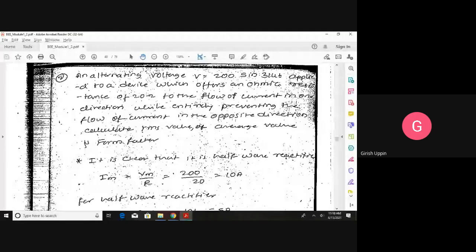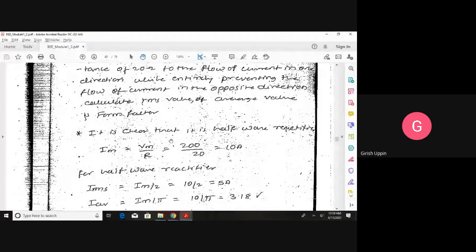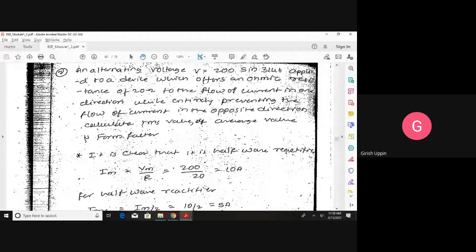First we will calculate the current. V is equal to IR, Ohm's law, that remains the same. Lowercase v is equal to lowercase i into R, or capital Vm is equal to capital Im into R. Therefore Im is equal to Vm by R. So Vm is the peak value 200, and R they have given the ohmic resistance 20.